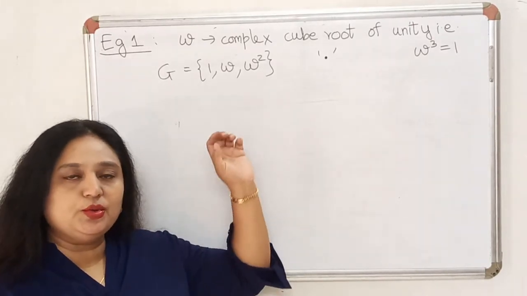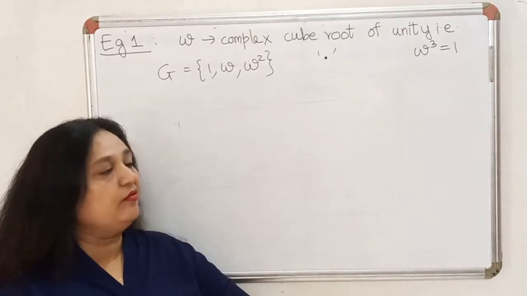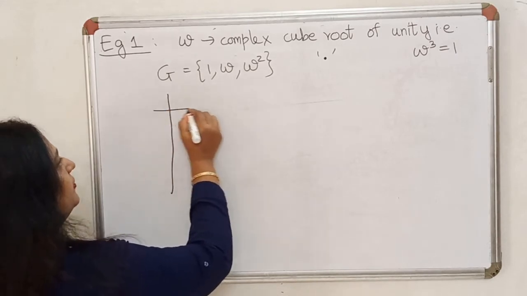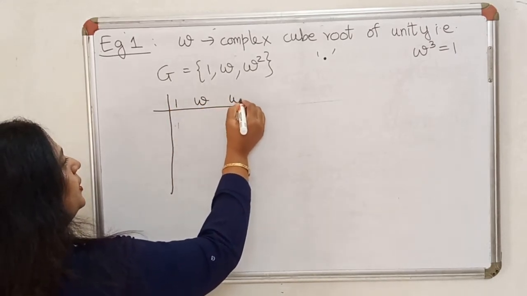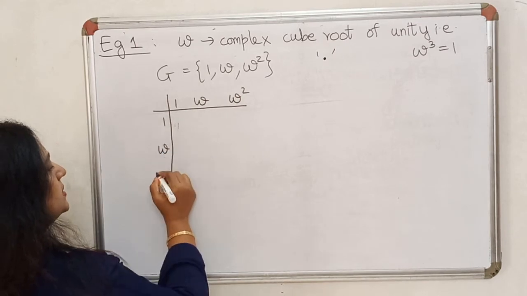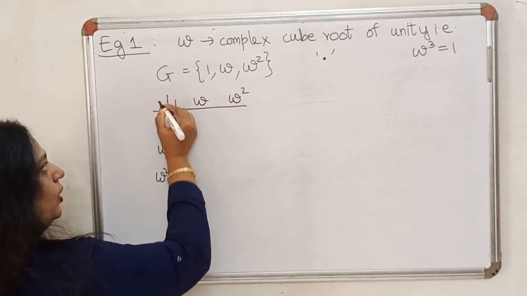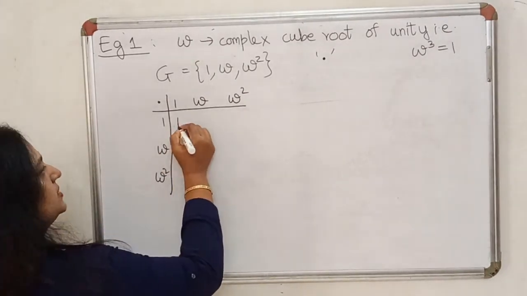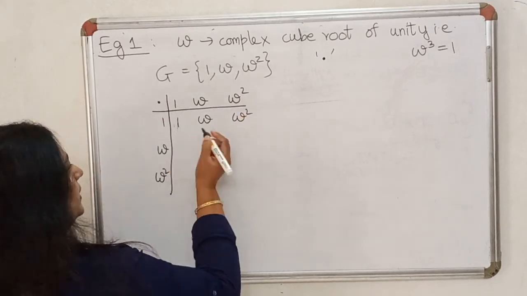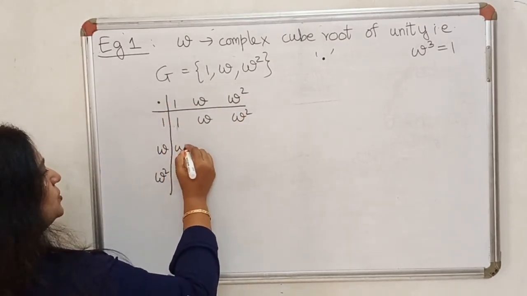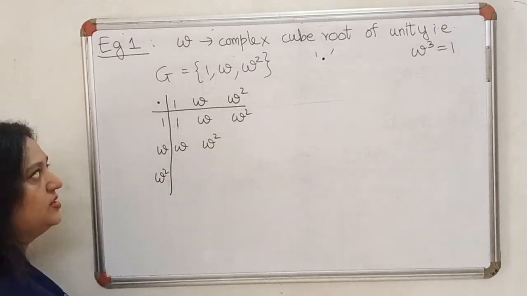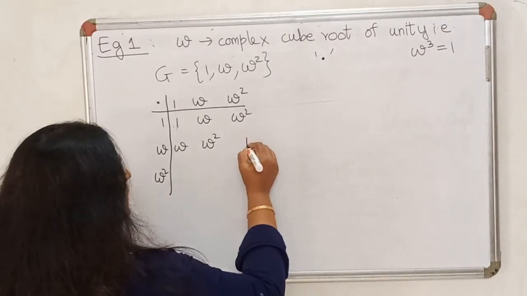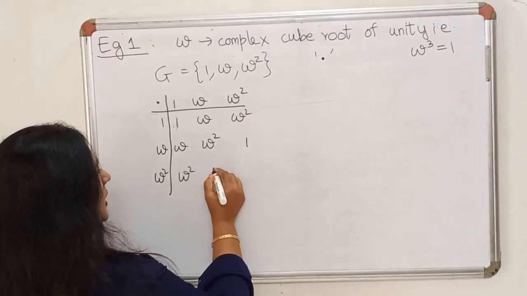Let us now see how, using the composition table, we can verify that this becomes a group. We have 3 elements in the group, so we write those elements in the heading row and the heading column, and in this corner we put the composition. Now let's multiply. 1 into 1 is 1, 1 into omega is omega, 1 into omega square is omega square, omega into 1 is omega, omega into omega is omega square, and omega into omega square is omega cube, which is equal to 1.